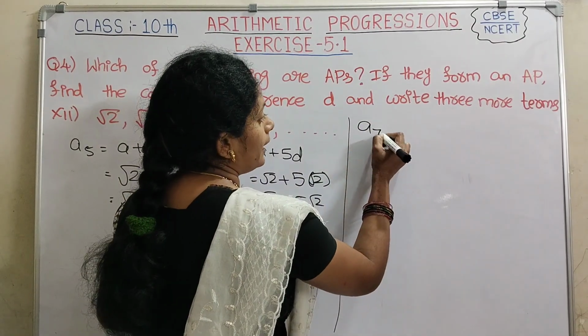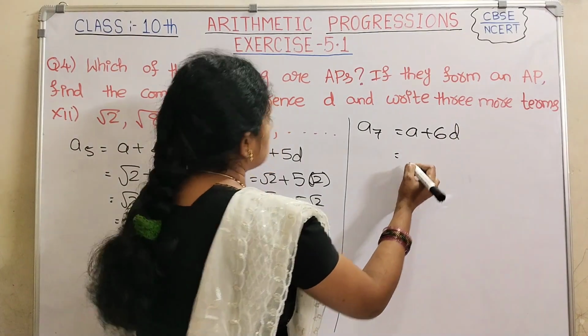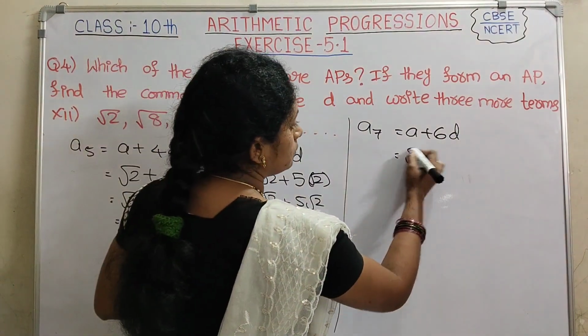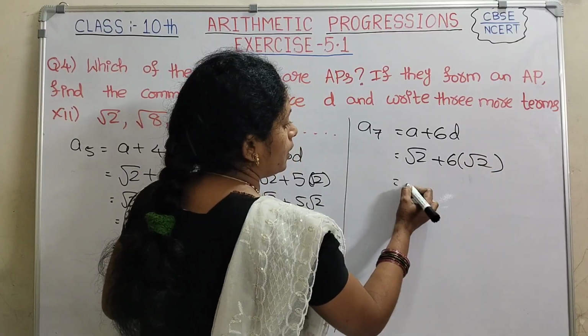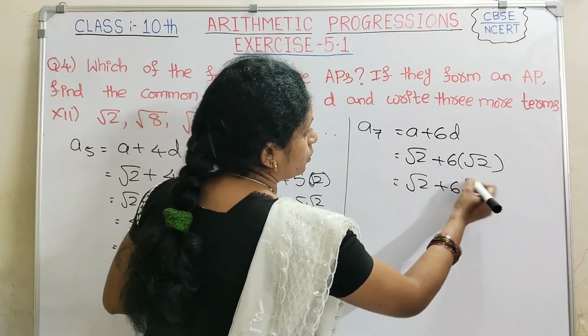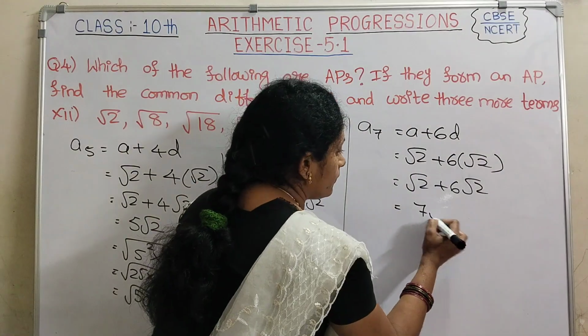A7. A7 is equal to A plus 6 into D. A is root 2 plus 6 into D, which is also root 2. Root 2 plus 6 root 2. If we add both of them, we will get 7 root 2.